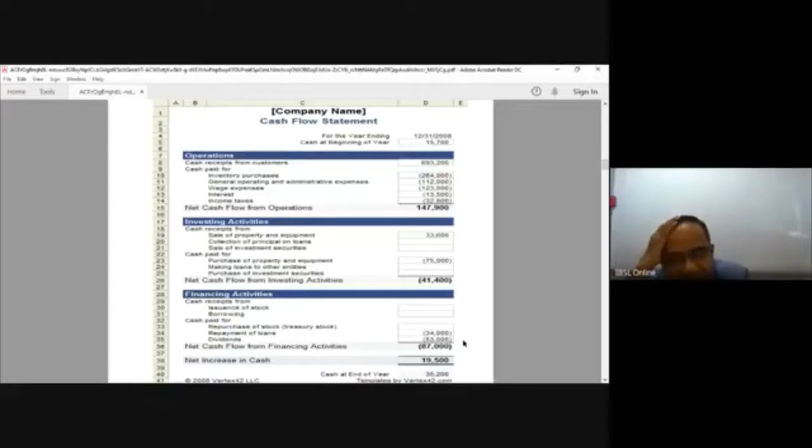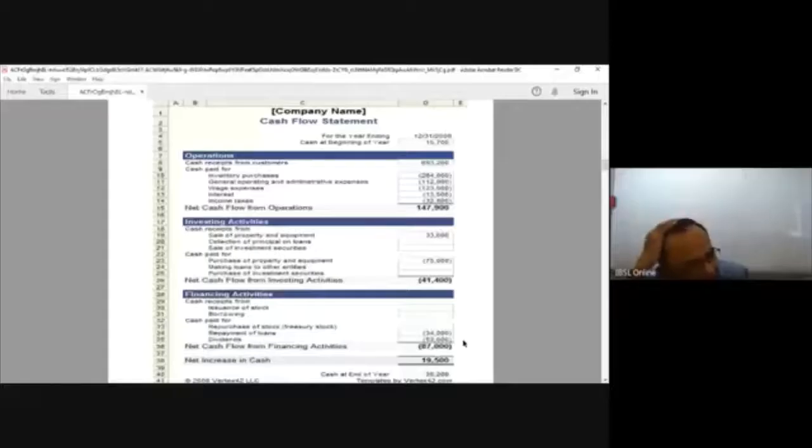This is one way of doing the cash flow statement. There are two ways that people do it. Number one is that they take the cash balance at the beginning of the year and then adjust for the inflow and outflow in operating, investing, and financing activities.